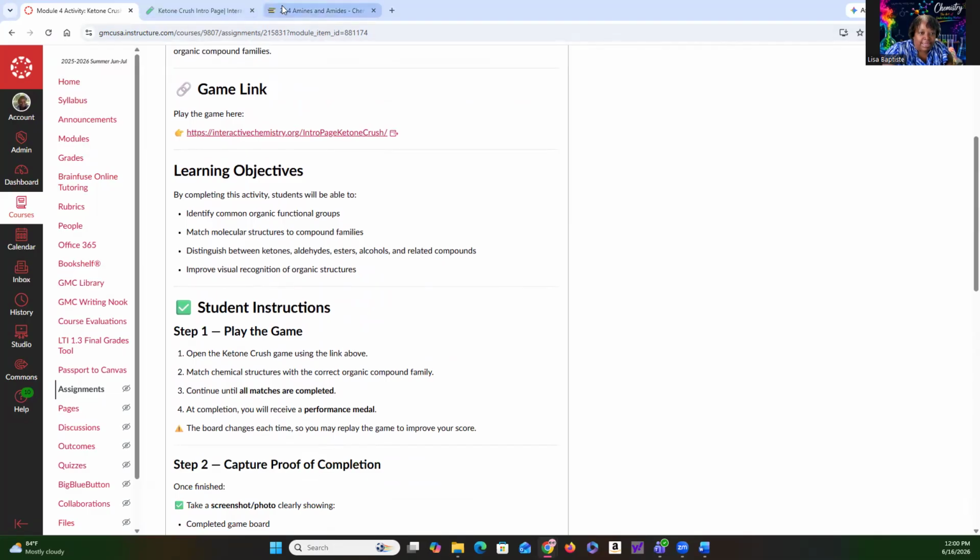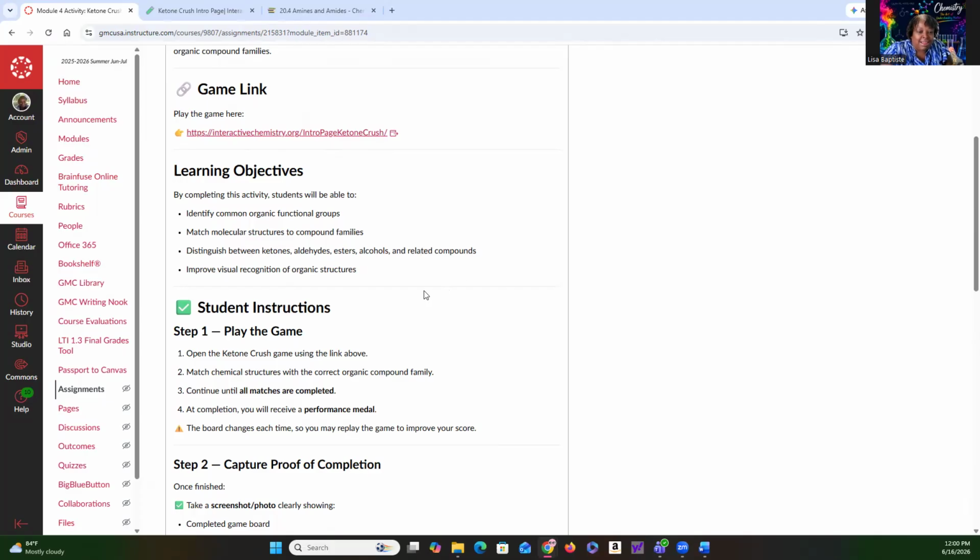I'm going to go through the game itself, but I want to go through the learning objectives. So you want to identify common functional groups for organic chemistry. You want to match the molecular structure to the compound family, distinguish between ketones, aldehydes, esters, alcohols, and related compounds.